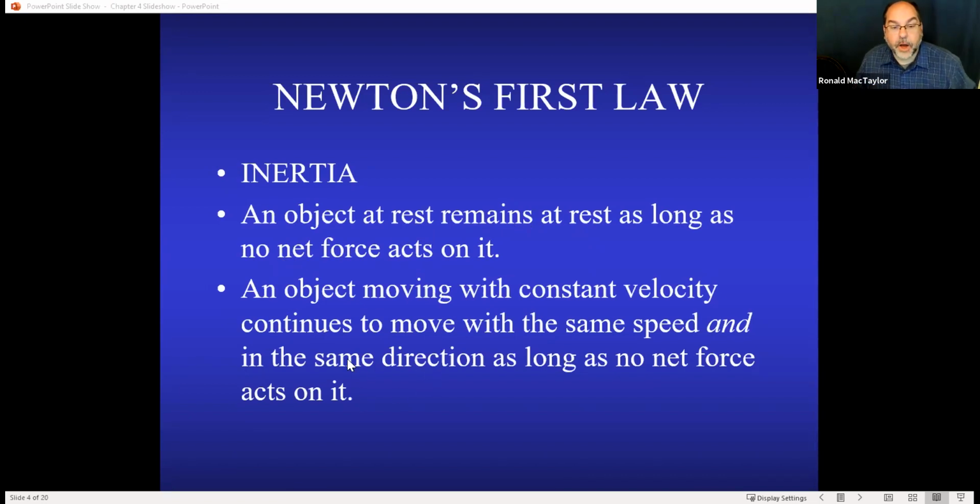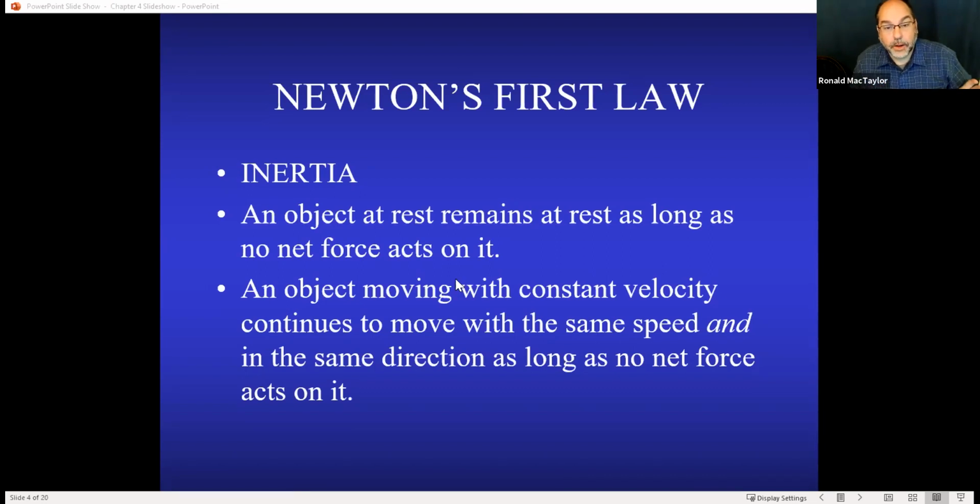And likewise, an object that is moving with constant velocity will continue to move with the same speed. Velocity is both magnitude and direction. Velocity is a vector, speed is a scalar quantity. Velocity implies a certain speed and a certain direction.